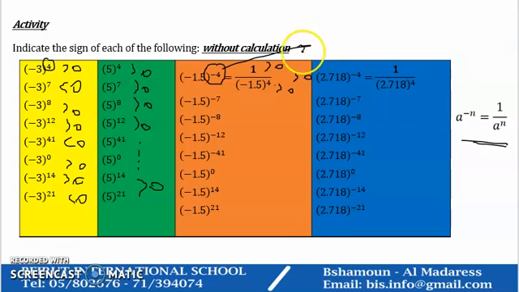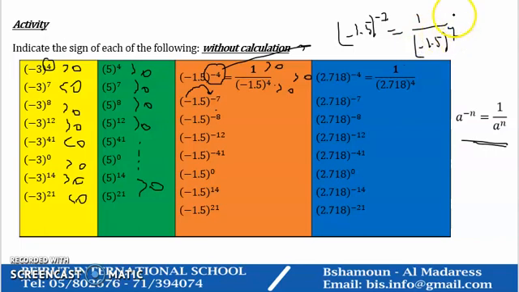But if the exponent is even, then the answer must be positive. It looks like here I'm not going to multiply negative by negative. Here, minus 1.5 exponent minus 7 is equal to 1 over minus 1.5 exponent 7, which is a positive quantity, but the exponent is odd, so I have a negative number, so the answer is negative.